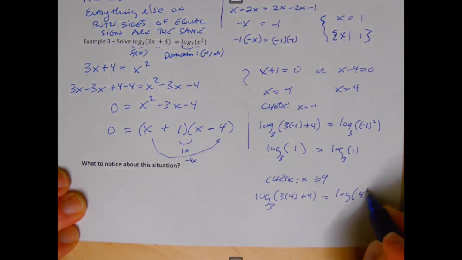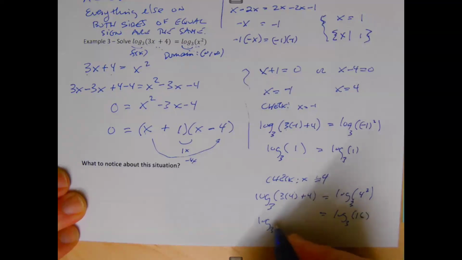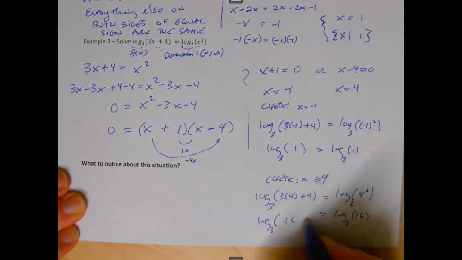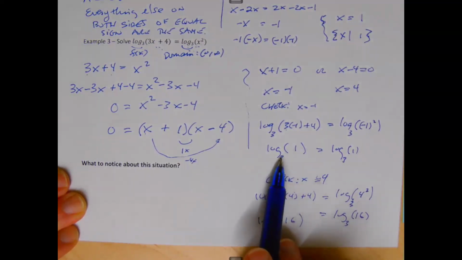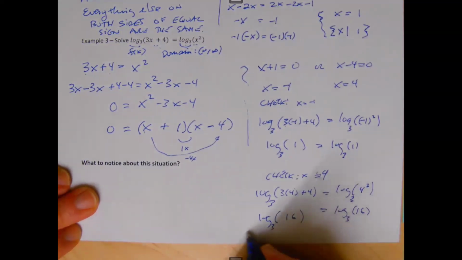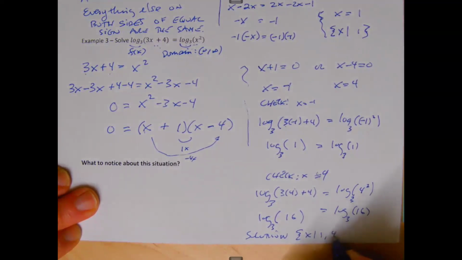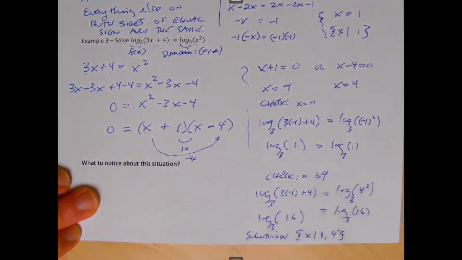And I don't think so. So I got log of 16 on this side. 3 times 4 is 12. Plus 4 is 16. And again, I have equality. What's log 3 over 1? Some number, but the same number on the other side. So yes, it checks. So there's 2 solutions here. It's going to be x such that it's going to be 1, and it's going to be 4. So there's 2 solutions to this right here.